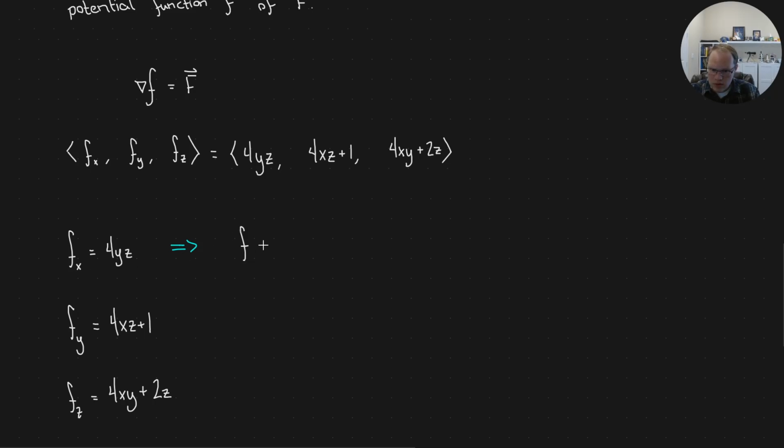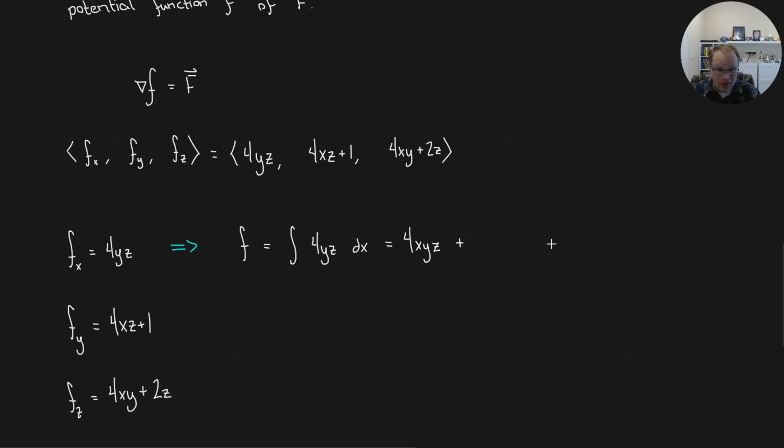So, since the partial derivative of f with respect to x is 4yz, f itself is going to be the antiderivative of 4yz with respect to variable x. And that's just going to be 4xyz plus a constant, right? But here we're treating anything that's not x as a constant, specifically yz.